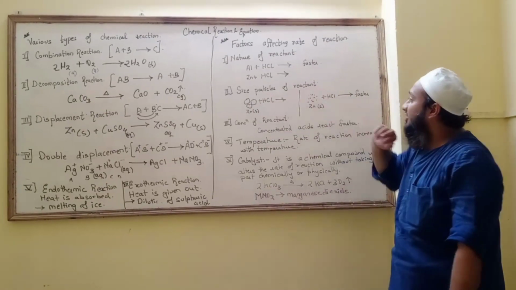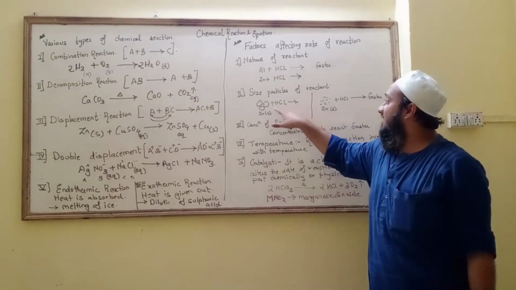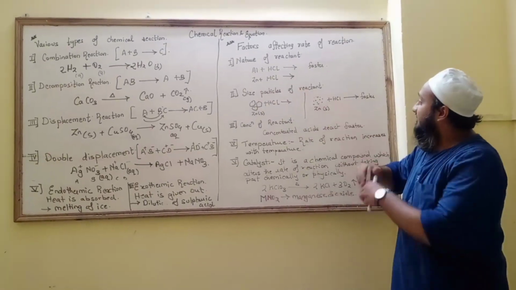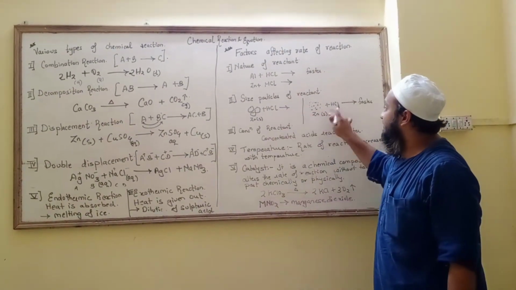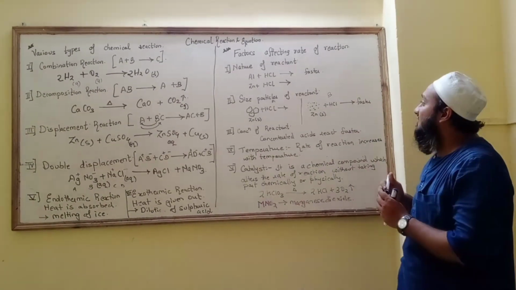Size of particle of reactant. Here you can see I have drawn the same metal, solid zinc. The particle size is big. Over here the particle size is small, it is in powder form. This is case A, this is case B. In which case will the reaction take place faster?